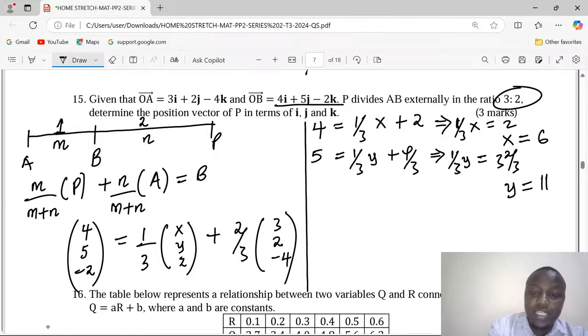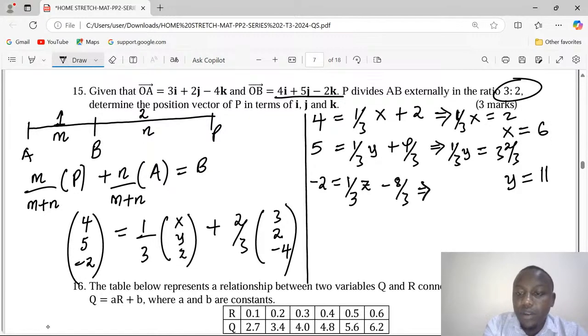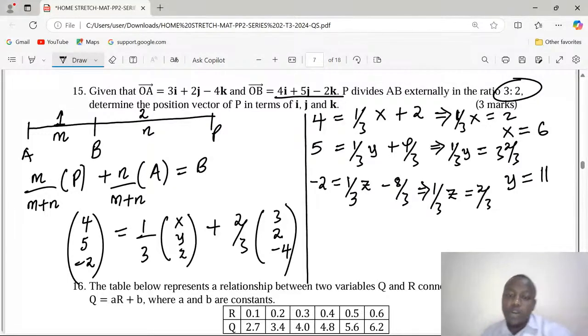And finally, using the z components, negative 2 is equivalent to a third z minus 8/3. When we group the terms together, this is 2 and 2/3, but taken to the other side, it will be added. So a third z equals 2/3, because it is negative 2 plus 2 and 2/3.